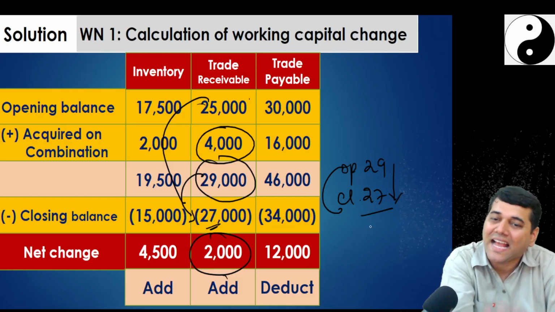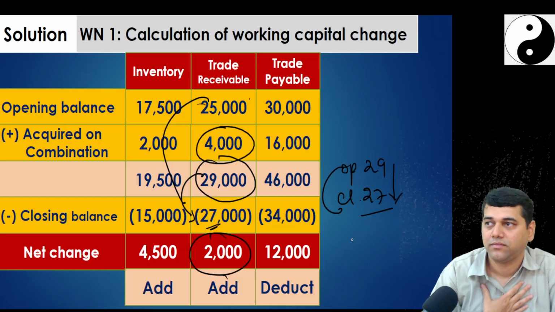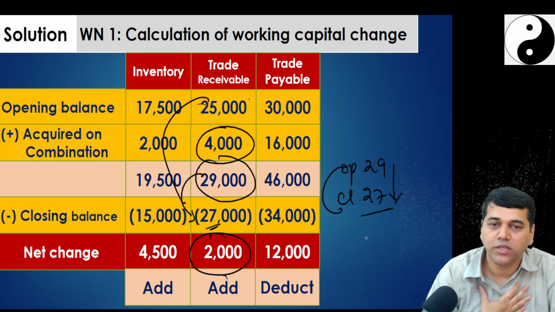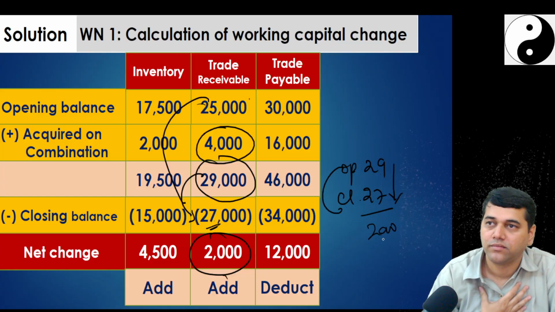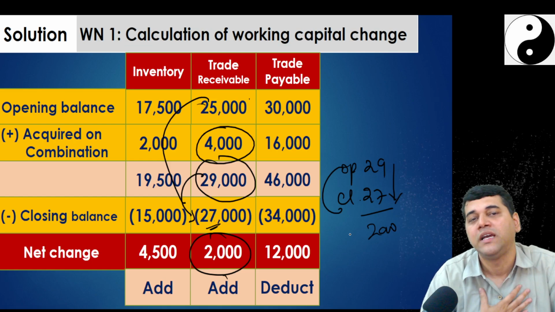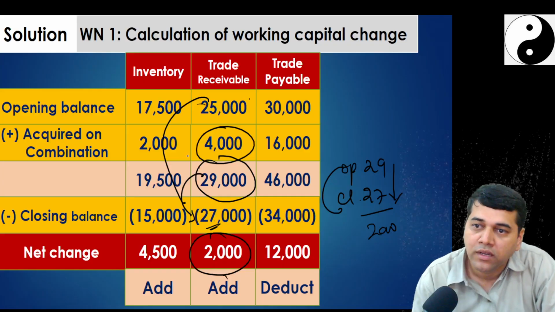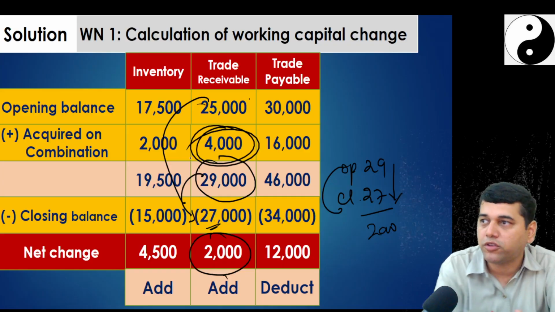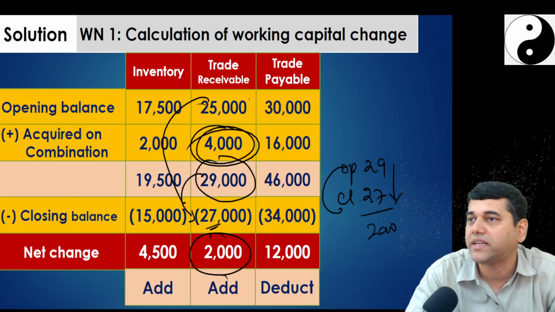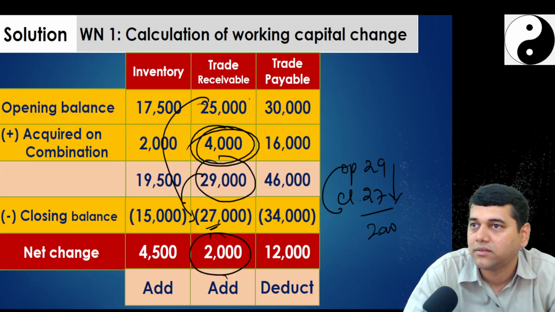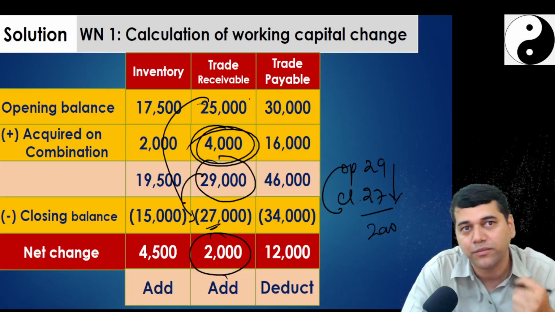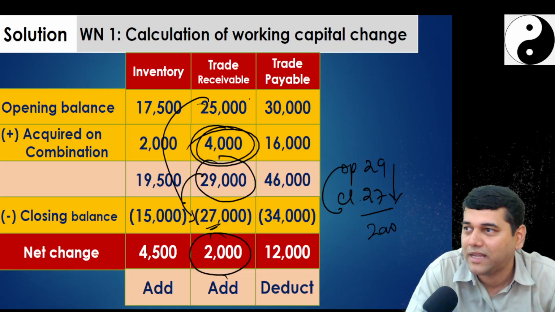That means you got cash from the customer. How much? Only 2,000. Otherwise, you would have said cash paid to the customer instead of cash received from the customer. Arey Baba, there is one combination happening and 4,000 of customer balance came from there. Whom did you pay cash there? Nobody. So the net effect is only cash received from the customer, 2,000. Are you clear?